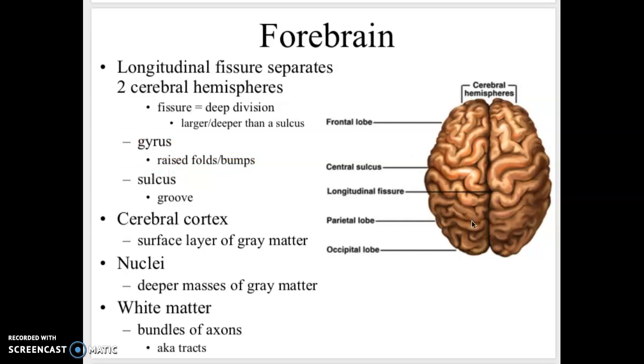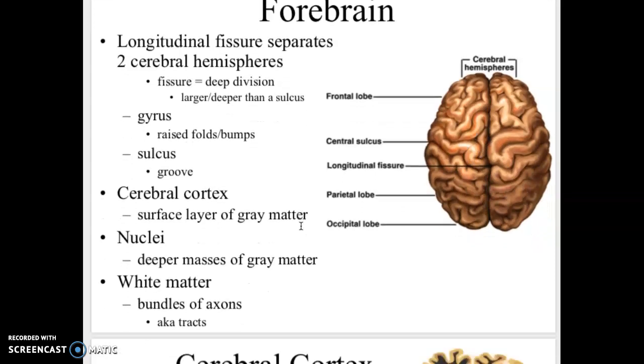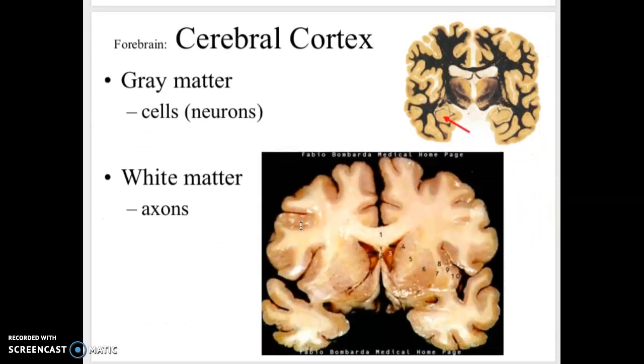The cerebral cortex is basically the outermost part of your cerebrum, and then the nuclei are the deeper structures. You'll see here a cross section of the brain. Anything that's gray is going to be the cells, the neurons, and then anything that's white are those axons, the projections. They appear white because they are myelinated.